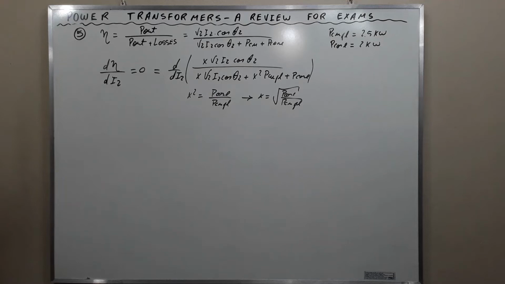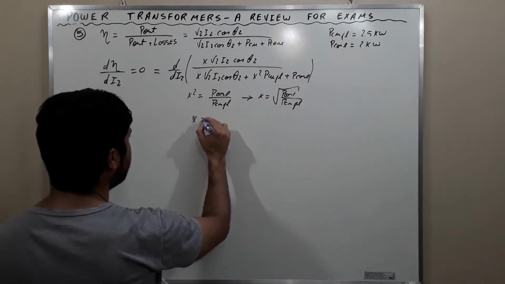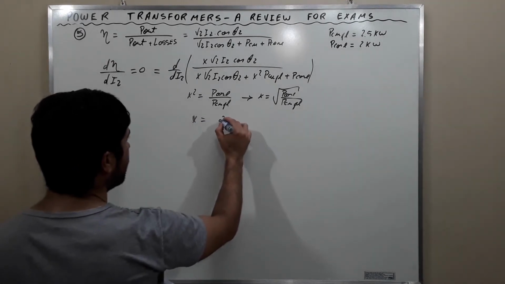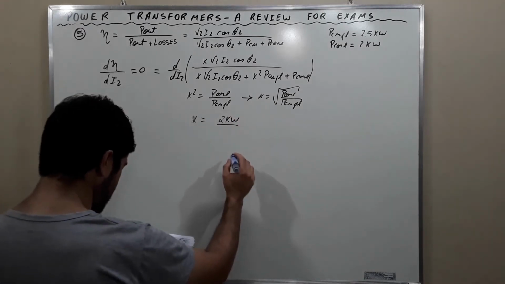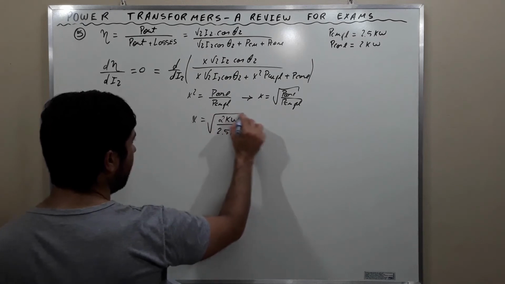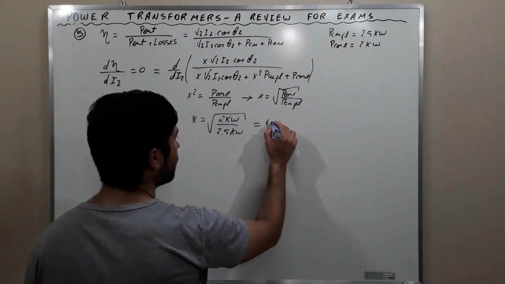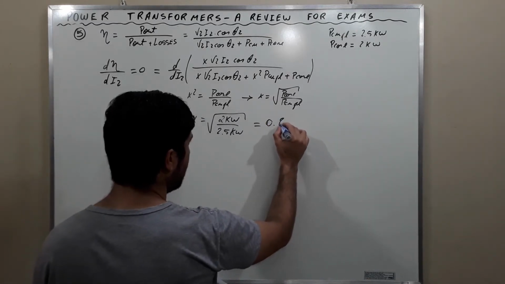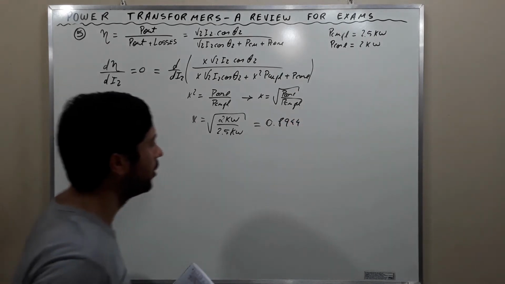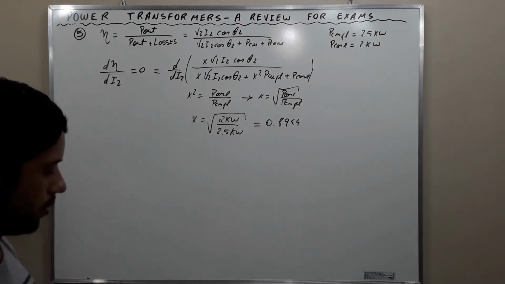And using the values furnished by the problem, we find that x is equal to 2 kilowatts over 2.5 kilowatts, and the square root of it is 0.8944.